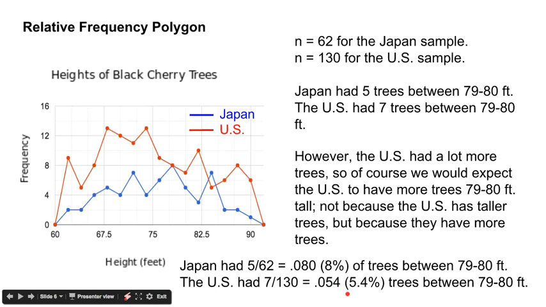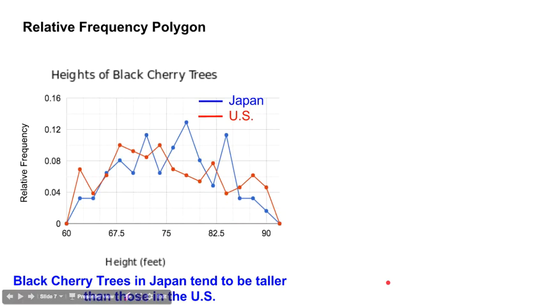So while the US had more trees between 79 and 81 feet, 7 versus 5, if you look at the actual percentages, Japan had a relatively higher frequency than the US, because 8% of their trees were between 79 and 81 as opposed to 5.4% for the US.